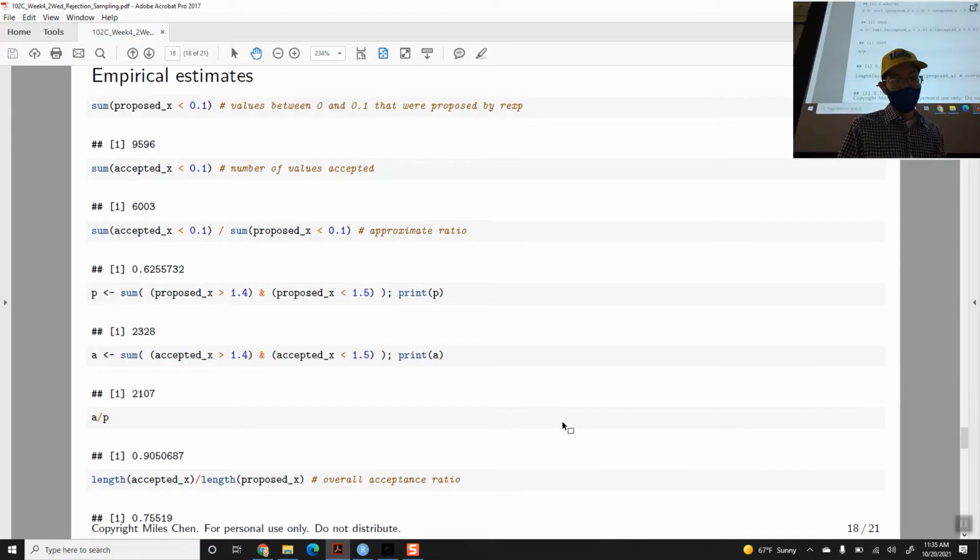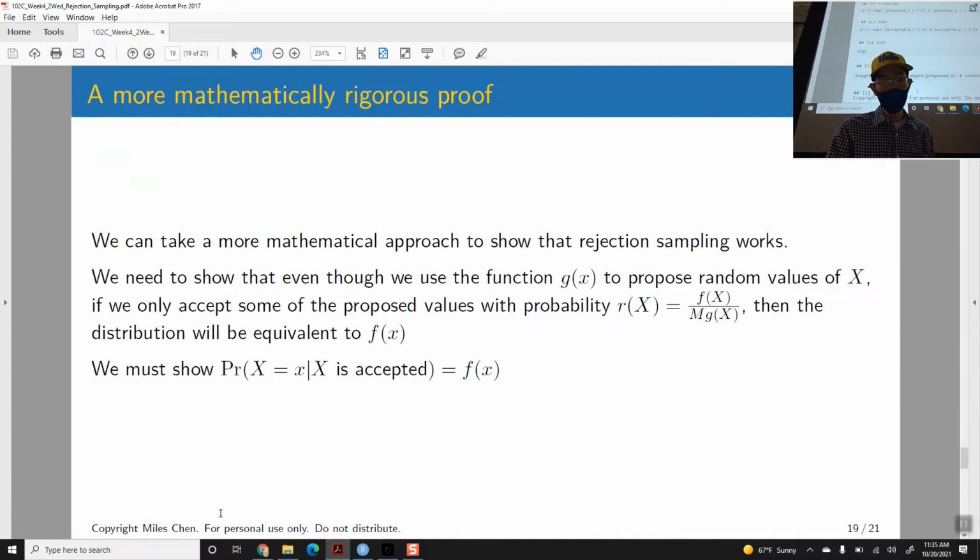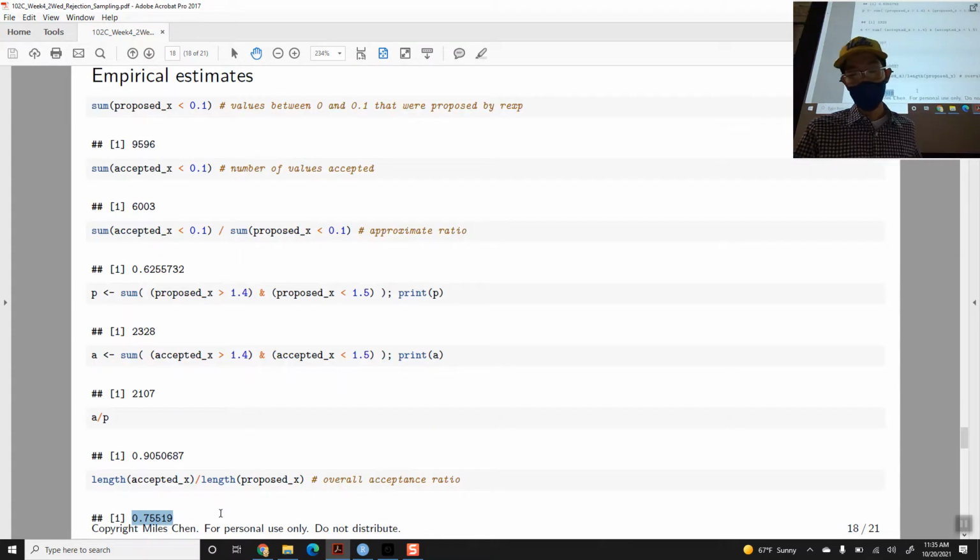Okay, and just overall, how many did I propose versus how many did I accept? I proposed 100,000 values and I accepted around 75% of them, 75.5%. And again, the proportion that I accept is 1 over m. So m is 1.32. If you do 1 over m, you're going to get something around 75%.